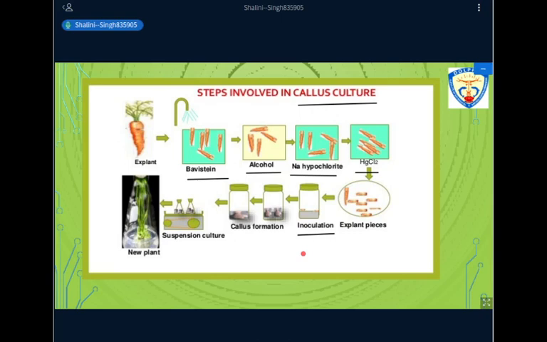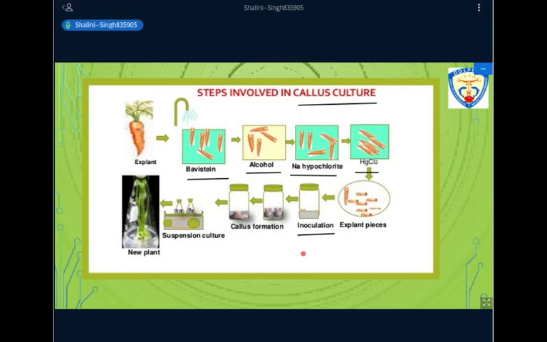That is your day length, and at night you switch off all the lights in the culture room. That acts like night time for the plant growth. So photo period and temperature, these two things have to be maintained. All the conditions when you are doing plant tissue culture need to be sterile, free from pathogens. This is very important. Now after incubation, your explants will be forming callus.